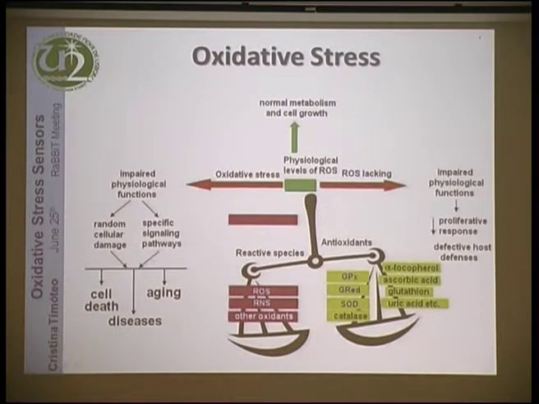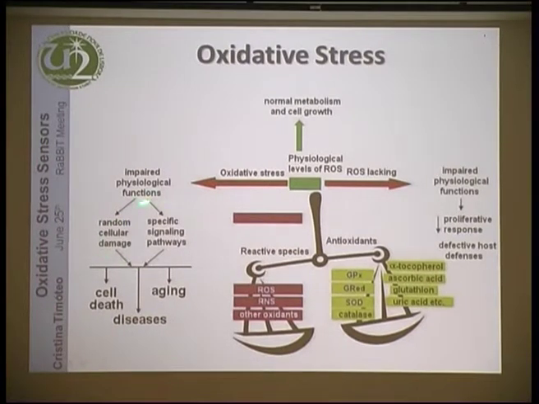But reactive oxygen species are also important because they are not only bad for the cells. Cell-specific cell signaling pathways will not work, and you have cell death, diseases, aging. But if you have less ROS than you need, also your immune system does not work, and other signaling pathways where NO is involved will not work.